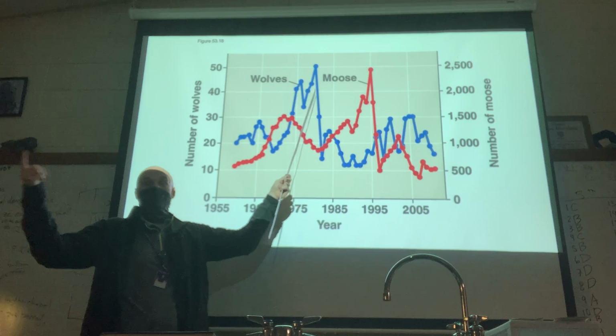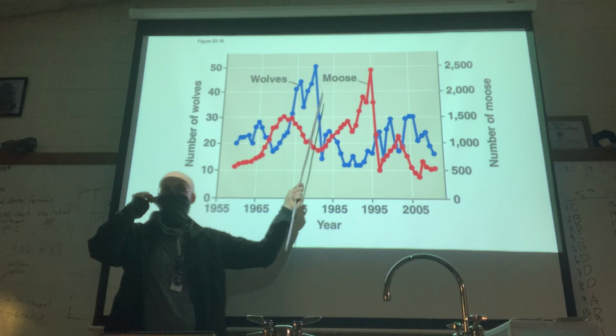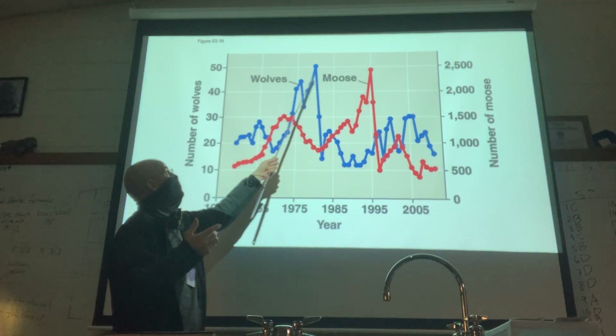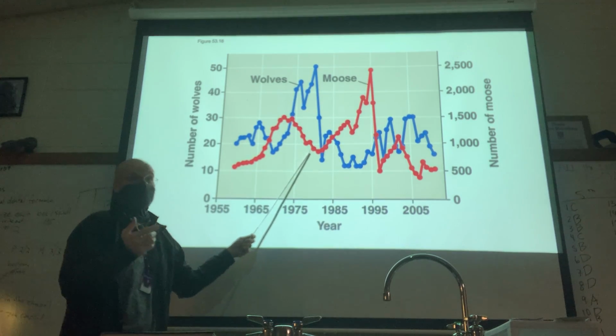But when you have a bunch of predators, it really starts to hinder the prey's growth rate. So a spike in wolf populations can actually cause moose populations to drop.